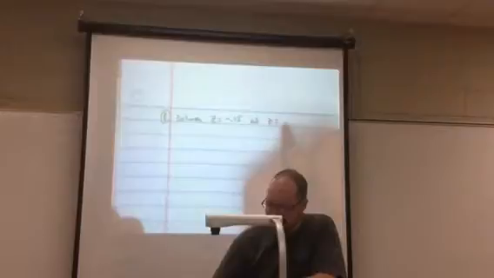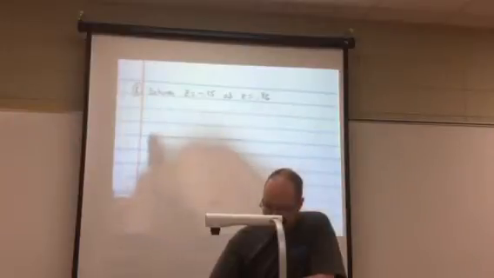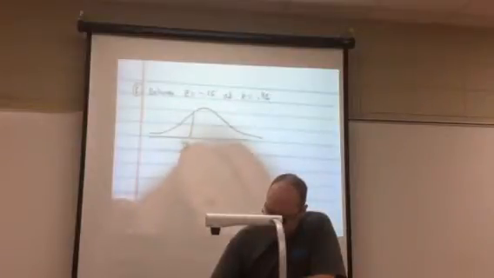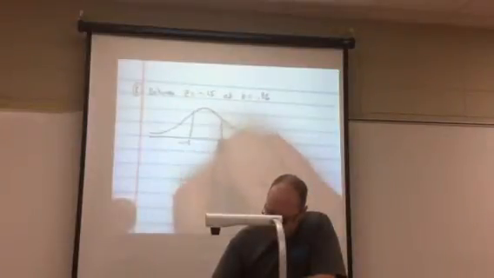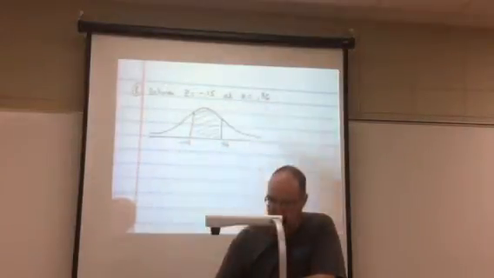Let's try another one. Number 8, let's find the area between z equal to negative 0.15 and z equal to positive 0.96. Okay, again, it's a between situation. So here is negative 0.15. Here is positive 0.96, and I'm interested in this region.